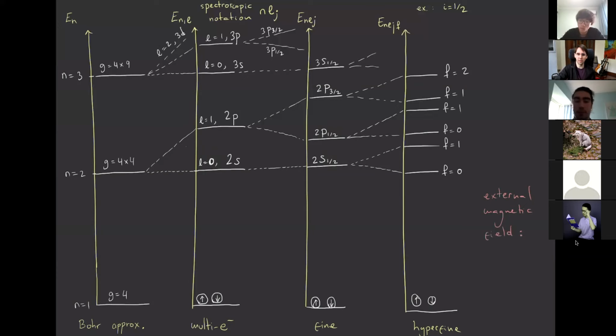So an external magnetic field: you have studied the Zeeman effect, and this means that if you have a magnetic dipole sitting in a magnetic field, you can describe that situation with a Hamiltonian in which you couple the dipole to the magnetic field.